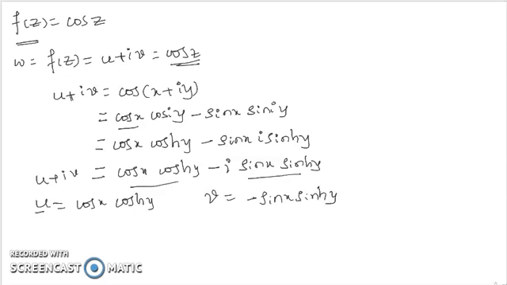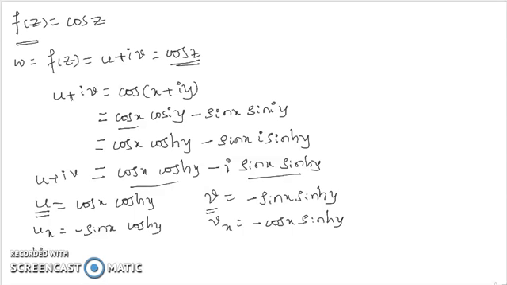Now I have to find the partial derivatives of u and v. So u I am going to differentiate with respect to x partially: cos differentiation is minus sin x, times cos hyperbolic y. And v with respect to x partially: minus sin x differentiation is cos x, and I keep sin hyperbolic y as it is because I am differentiating partially.